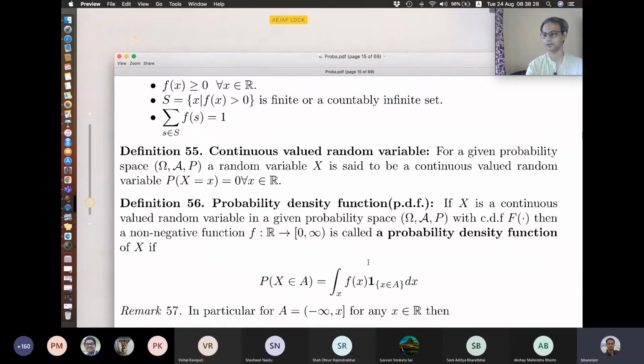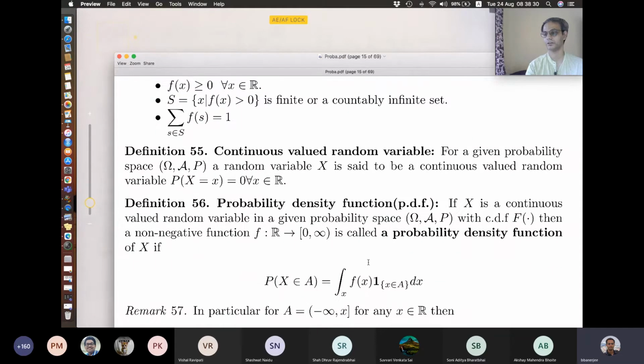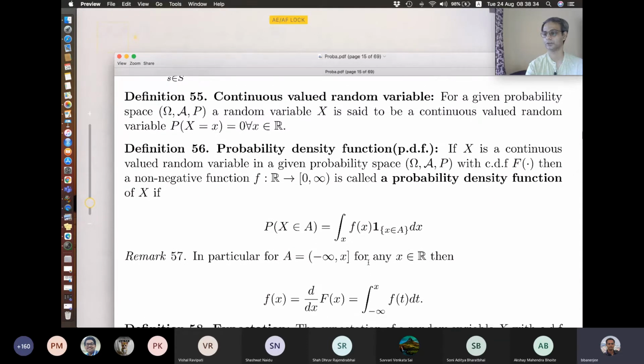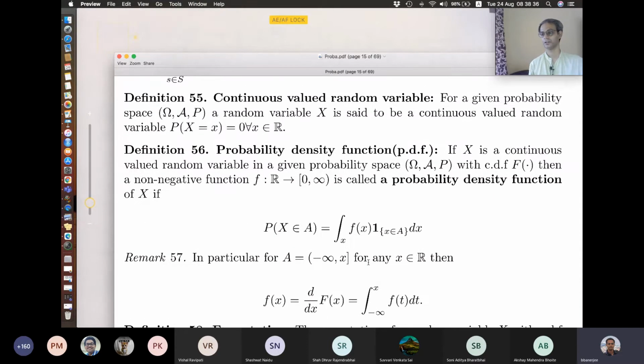Okay, so here we are trying to have two things together. When we talk about continuous valued random variable, many technical things get involved here, but we want to bypass that for your course.